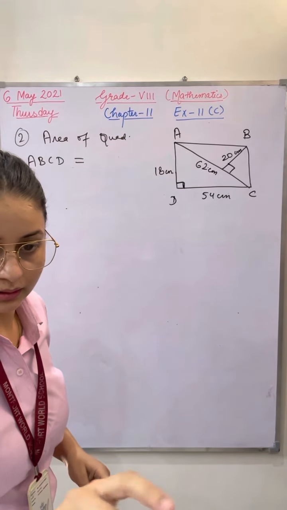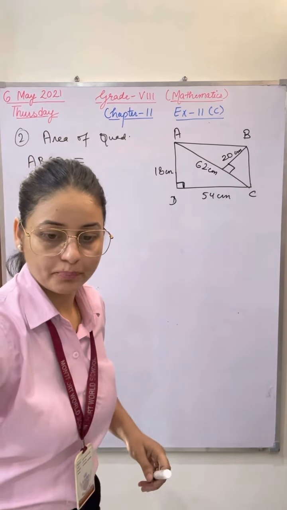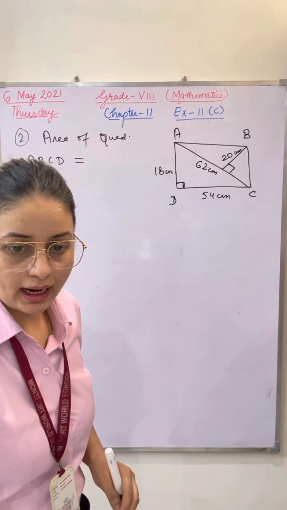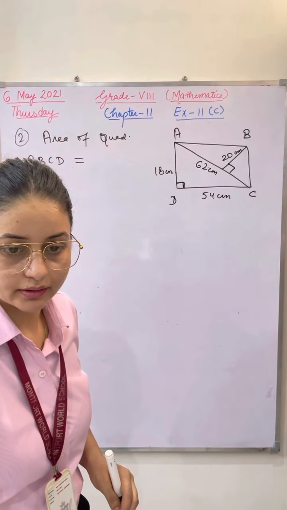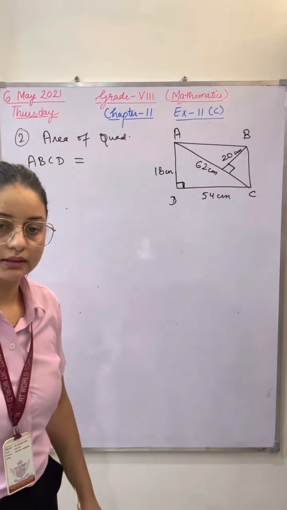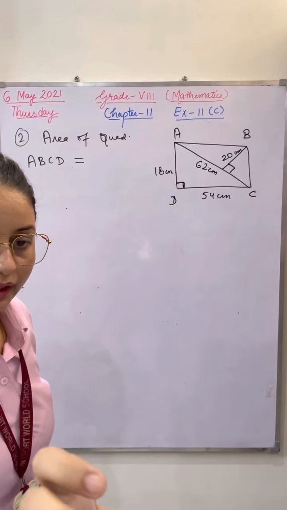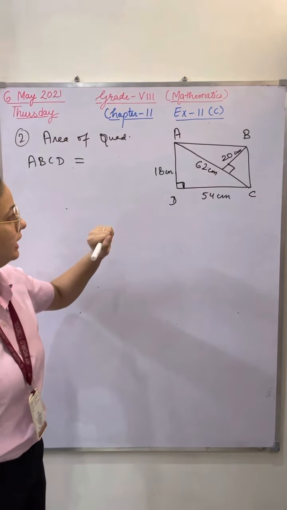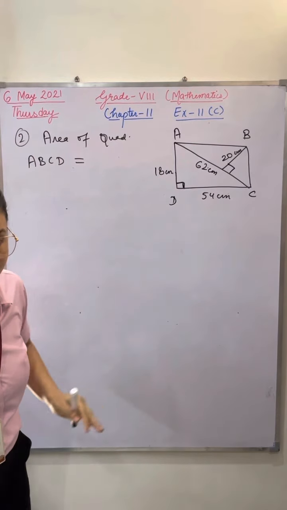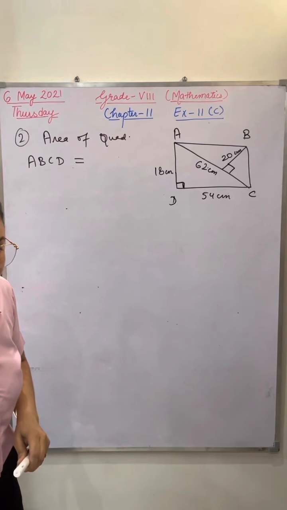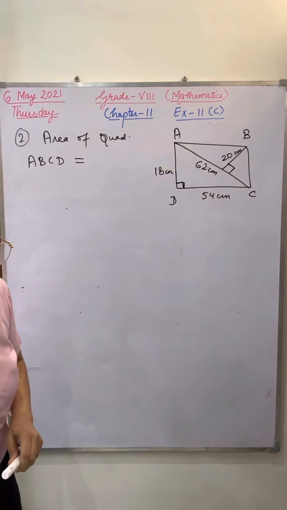Please hold on. Adit Garg, please unmute yourself, Adit. Good morning, ma'am. Very good morning. Adit, please tell me, in this quadrilateral, which two shapes can we take? We can take one triangle and another triangle.